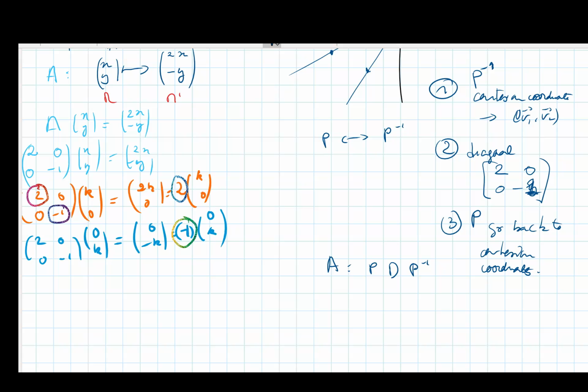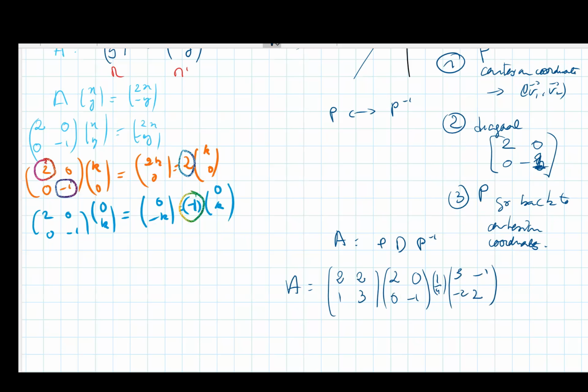It gives you the right change of basis in order to see your matrix as a pure diagonal matrix, and then takes you back to your Cartesian coordinates so that you can act on your vectors described with their usual Cartesian coordinates.